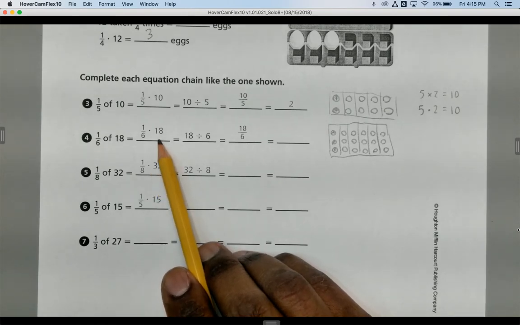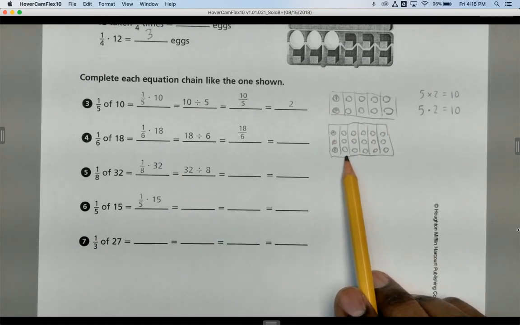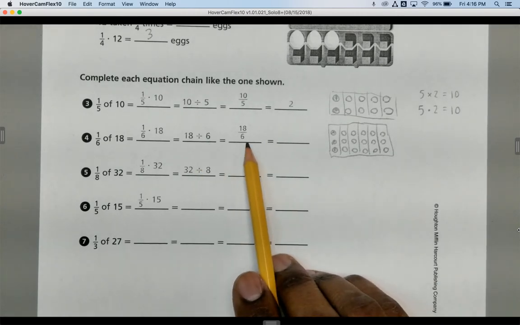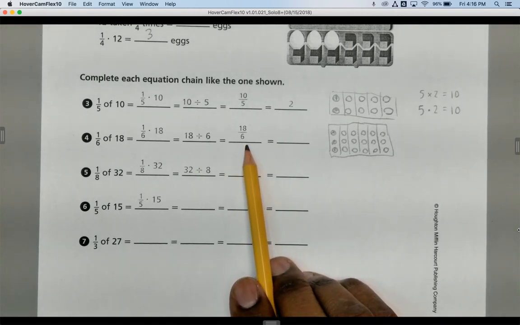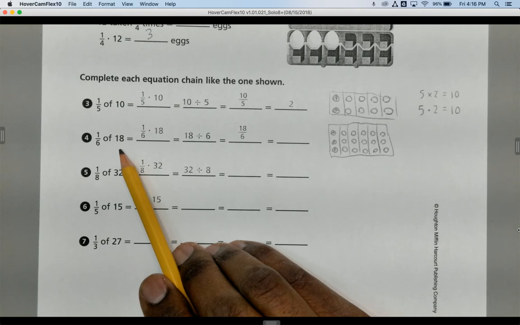It could be shown as a division expression, 18 divided or split 6 ways. It could be shown as a fraction, 18 over 6. And then finally, it could be shown for its actual value. 1/6 of 18 is 3.